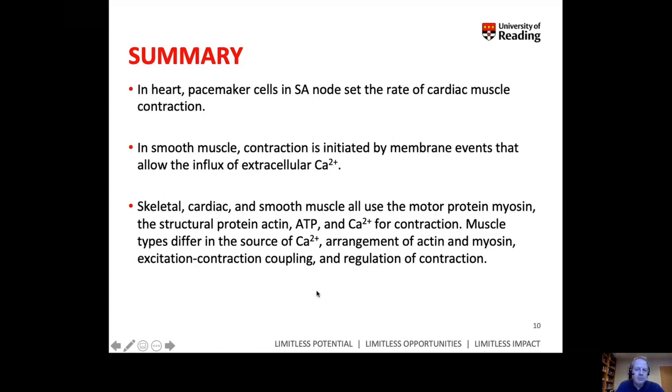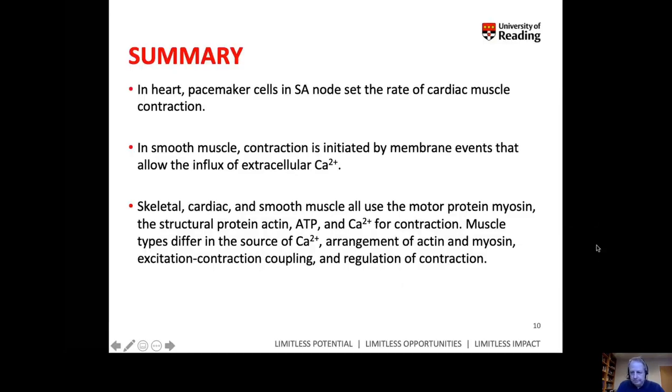Skeletal, cardiac and smooth muscle all use myosin. They all use actin, they all use ATP, and they all use calcium. Muscle types differ in the source of calcium, the arrangement of actin and myosin, excitation contraction coupling, and the regulation of contraction. In particular, remember, smooth muscle is the one that uses calmodulin and myosin light chain kinase, whereas skeletal and cardiac muscle use troponin.